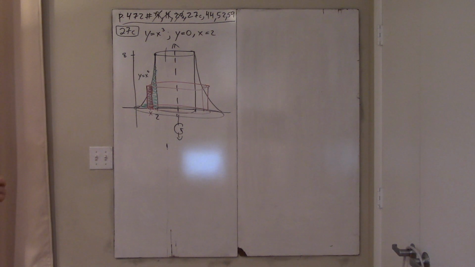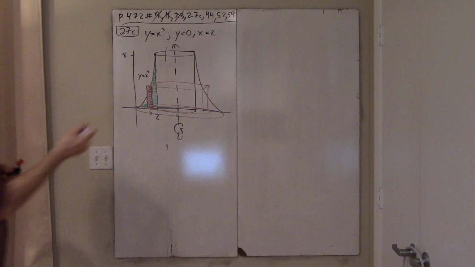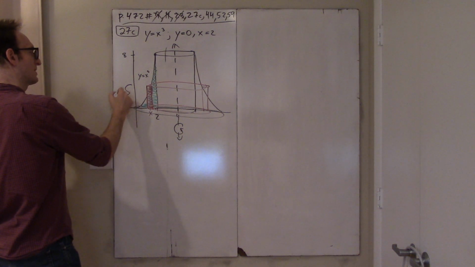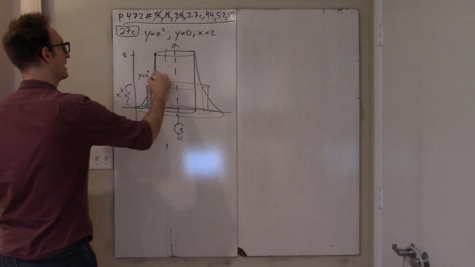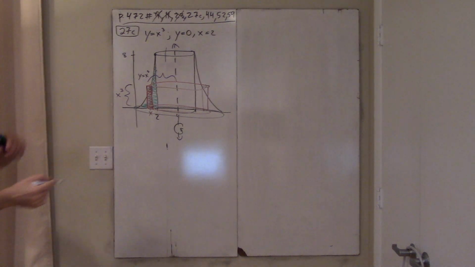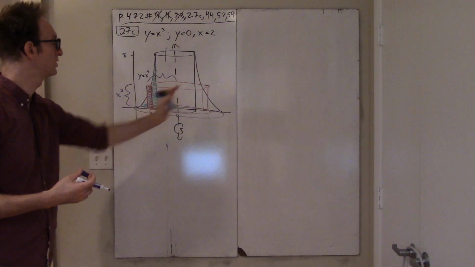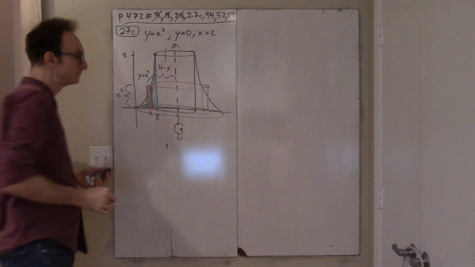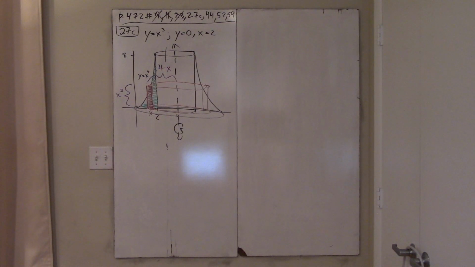Now I just need to find the dimensions of that shell. The height of the shell is easy. The height of the shell in terms of x will just be x cubed. And the radius of the shell is the distance of the representative rectangle from the axis of rotation. So for a given x, the distance to the line x equals 4 is just 4 minus x.